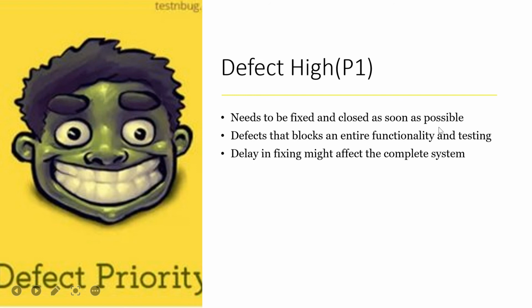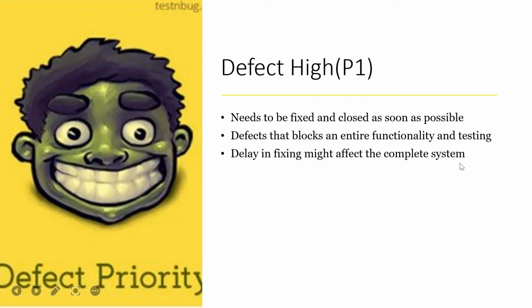So critical bugs, like the page is not opening or anything like that, will be marked as a high priority bug. Defects that block an entire functionality and testing will be marked as high priority. Delay in fixing might affect the complete system. Imagine we have around 100 stories for testing. The first story is for login, and the login itself crashes.